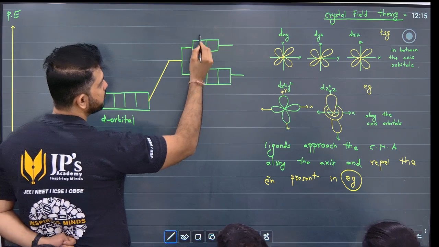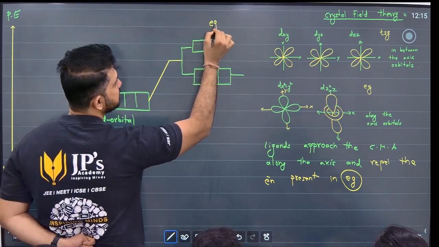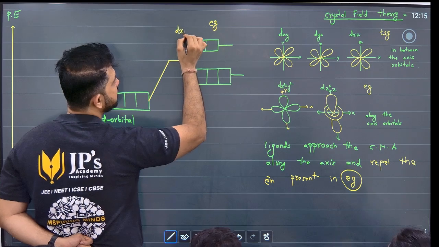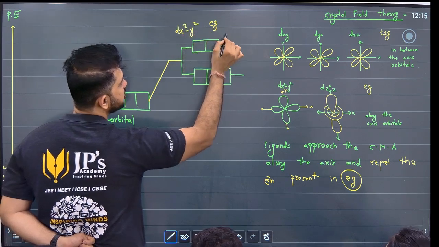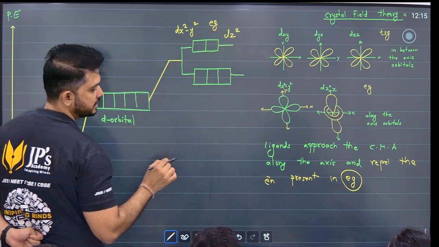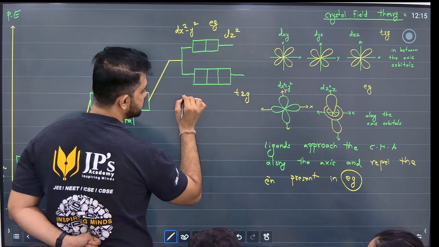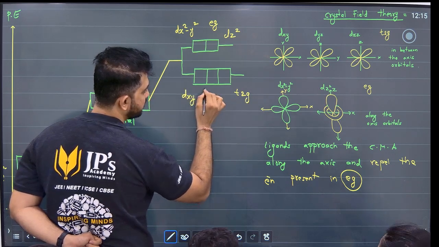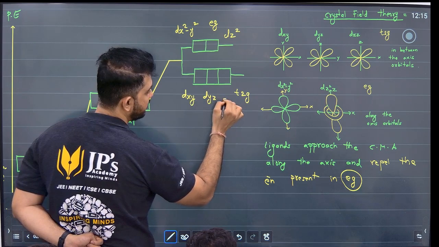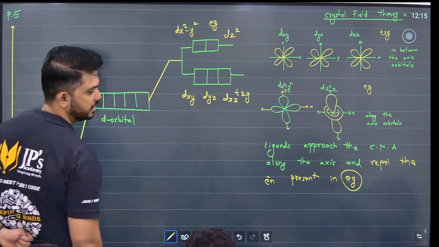The upper orbital is called EG, which is dx square minus y square and dz square. The orbital below is T2G, which is dxy, dyz and dxz.